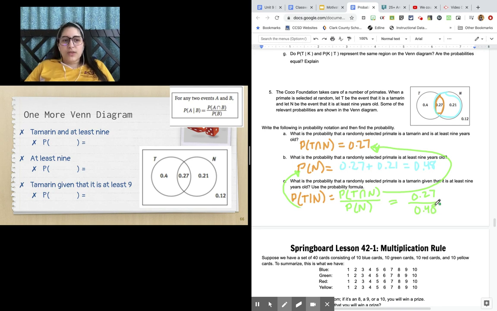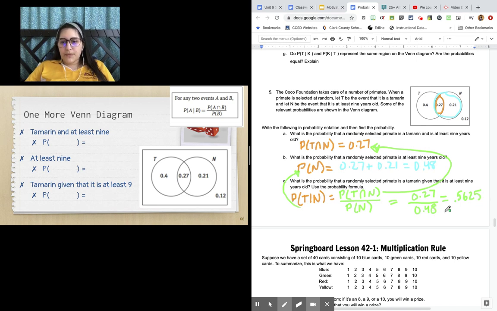Okay, so this is probably going to look a little bit weird to you because you have decimals inside of a fraction, but you can just go ahead and divide those. So when you do 0.27 divided by 0.48 in your calculator, you get 0.5625.